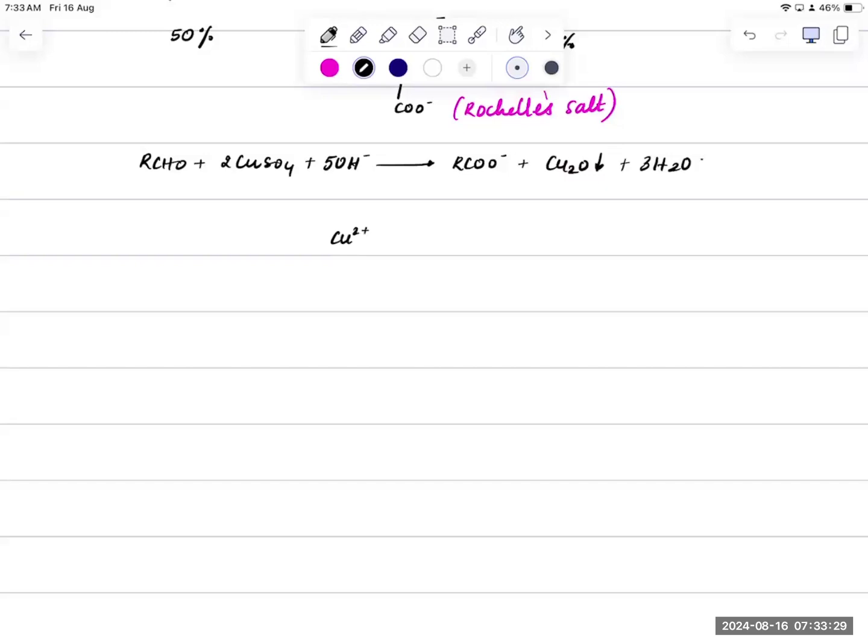Here Cu2 plus basically stabilizes the salt, keeping the solution stable, where the connection will be like this: CH with OH and CH and CO minus, CO minus. And it is coordinated from all four directions of this group.